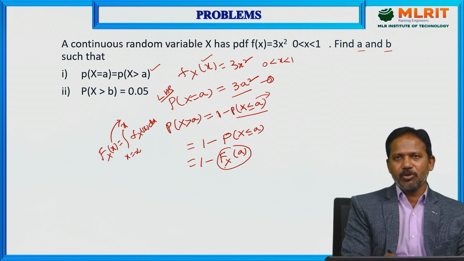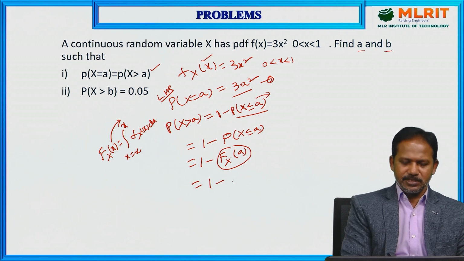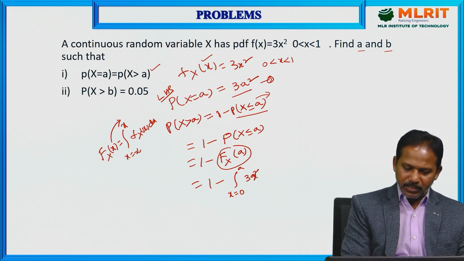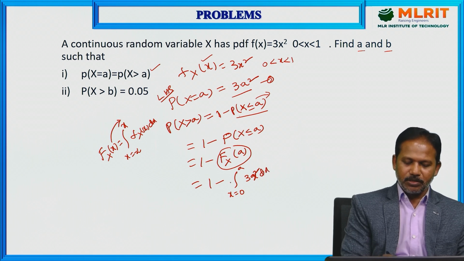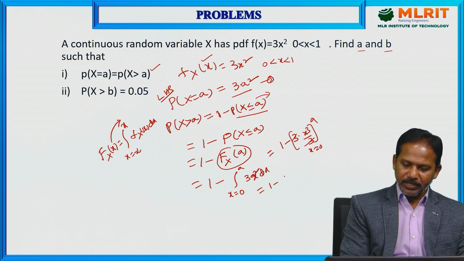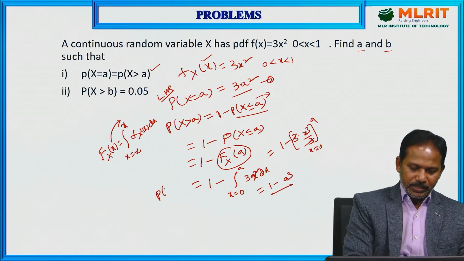I want to apply the same property here also: 1 minus the integral from 0 to a of 3x square dx, which equals 1 minus 3 times x cube by 3 from x equal to 0 to a. Here the 3s cancel, so we can write 1 minus a cube. This is my p of x greater than a.